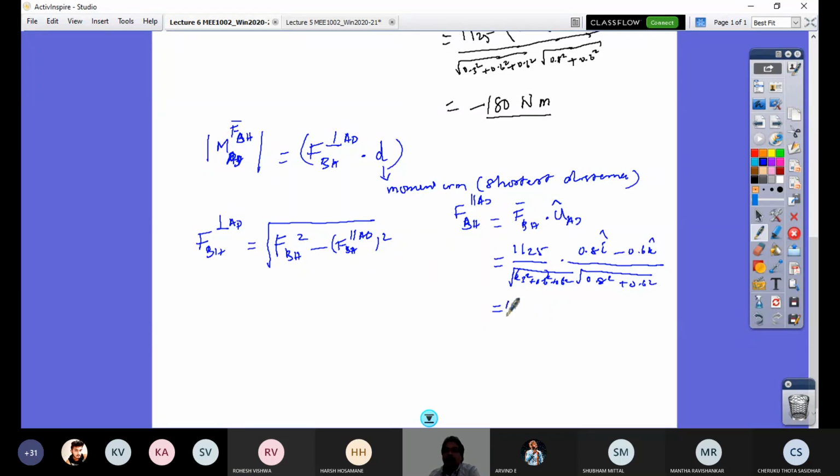I leave it to you as homework. You have to work it out and put the value over here, so that I will have this component, right?